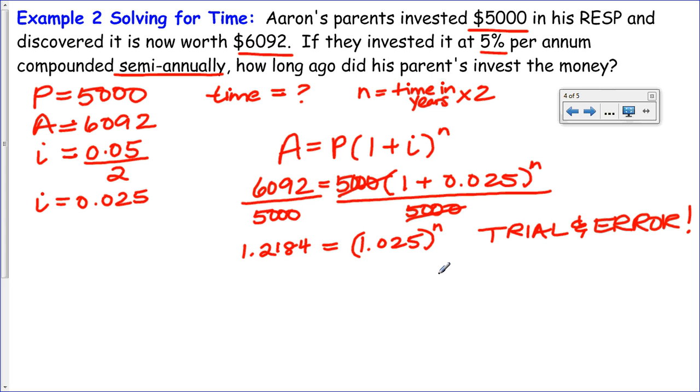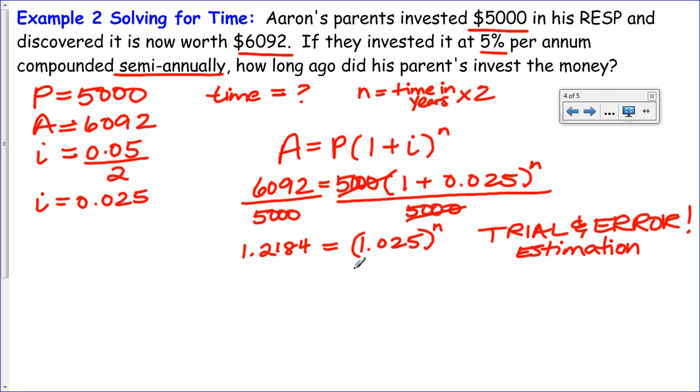If you see, oh, maybe I'm getting closer, try 4.5. It's okay to have decimals. What you want to do is keep plugging in until you get 1.025 to the power of whatever number you get is going to be as close as possible to 1.2184. And of course, this is going to be an estimation. You're never going to get it to be exact. So just try your best to get as close as possible.